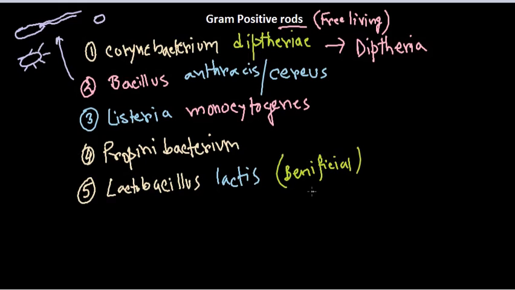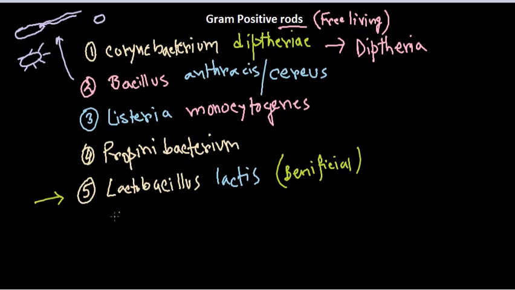As they are beneficial, we are not going to talk about them here, because we'll talk about Lactobacillus species in the industrial microbiology perspective, since they are important for use in different industrial products. But not in this case, because they are helping us to keep down some other opportunistic pathogens inside our body, so they are good.